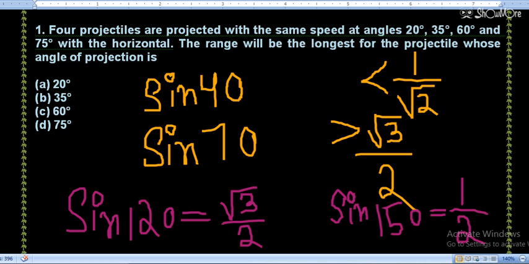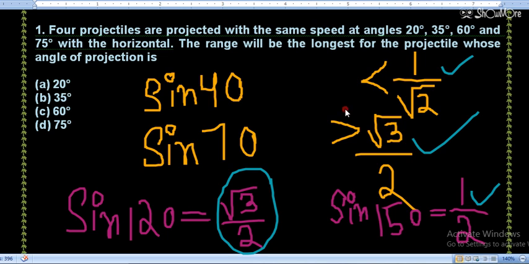So here you can see for which angle the range will be maximum. This value is less than 1 by under root 2, this value is 1 by under root 2, this is under root 3 by 2, but this value is greater than under root 3 by 2 because it is sine 70. Sine 70 is near to sine 90, which is maximum, and this value is obviously more than sine 60.